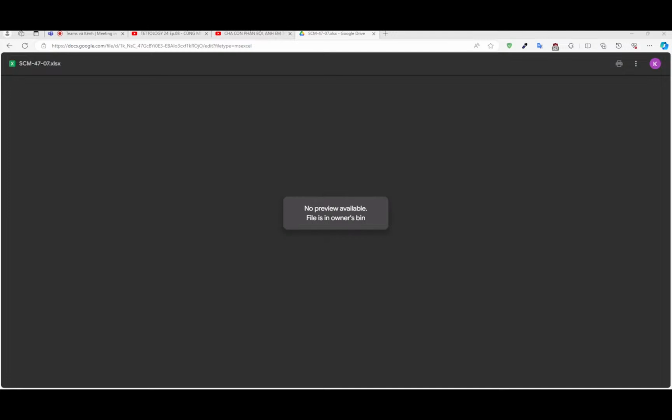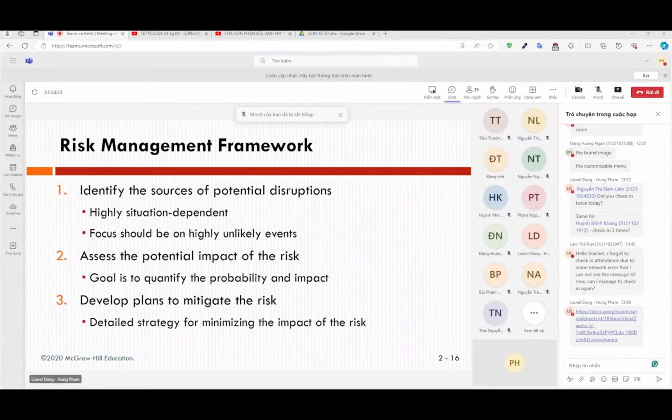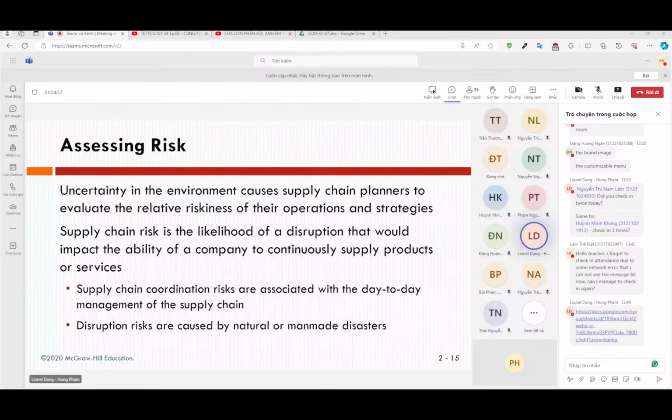And secondly, the supply chain risk. As you stated, it's the likelihood of a disruption that affects a company's ability to consistently deliver products and services. These disruptions can lead to various consequences, such as shortages, delays, price increases, and reputational damage. Okay.